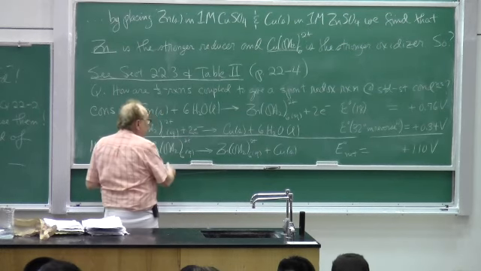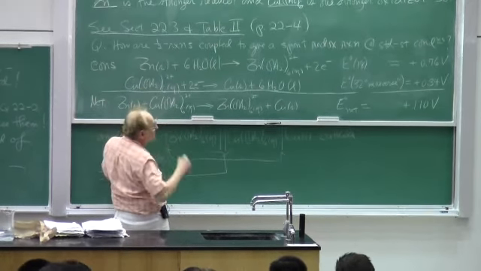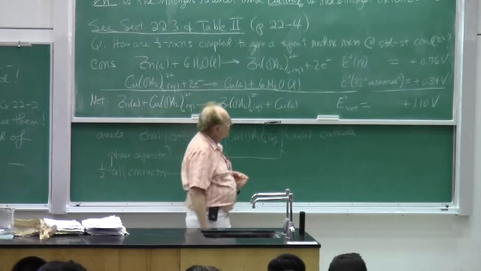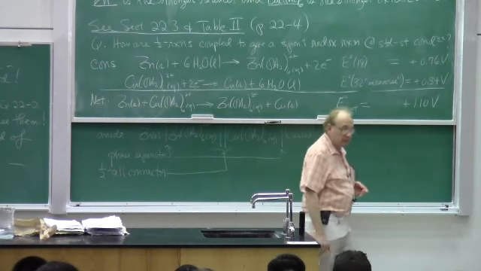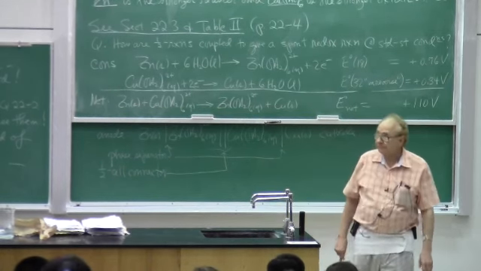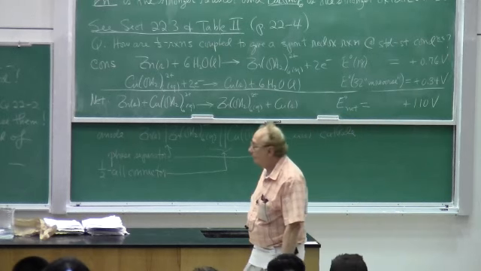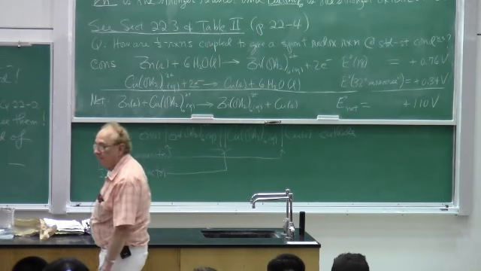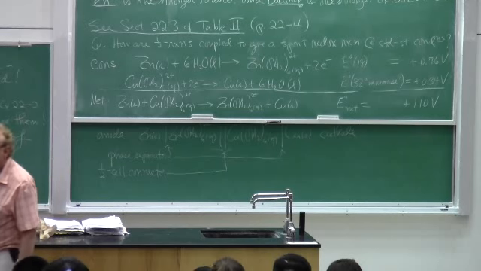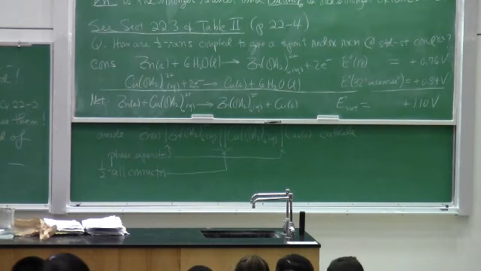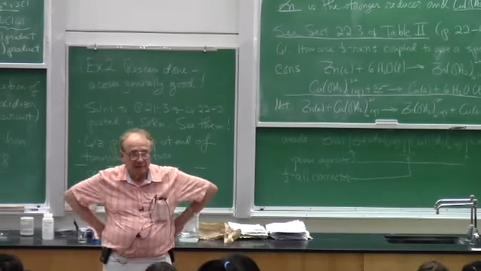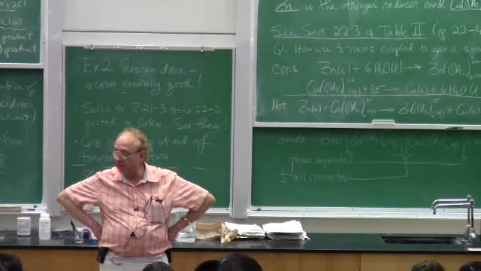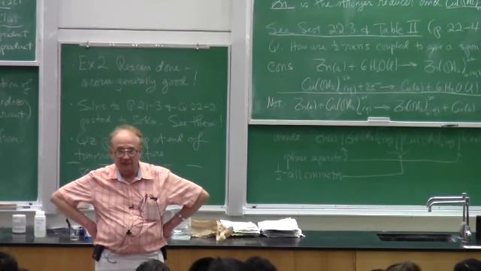Okay? So take a look, for the system we are considering, at half reactions 18 and 32. Do you see the components of our system contained in half reactions 18 and 32? Are you looking at half reactions 18 and 32 in the table?